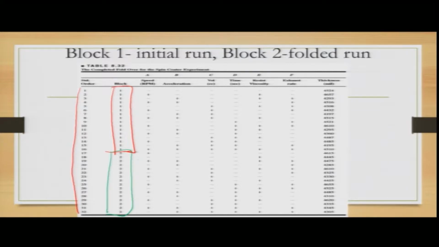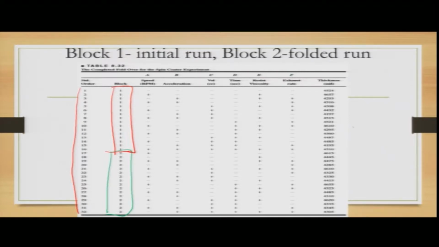The factors are the same as initially. If I consider the basic variables based on which we are proceeding, they are A, B, C, D, E, F. If you read the topmost row, as I take my cursor, again I am repeating, A is for speed, B is for acceleration, C is for the volume in cc, D is the time in seconds, E is the resistance or the viscosity, and F is the exhaust rate, and the thickness values are given.